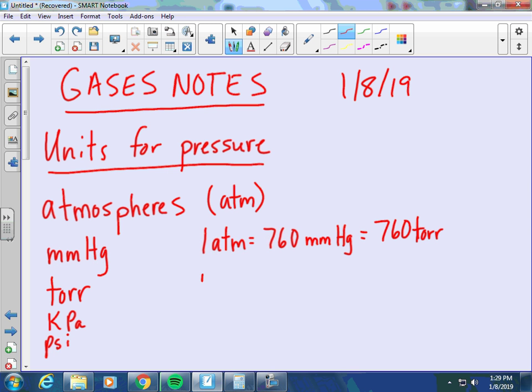1 atmosphere is also equal, this unit here, by the way, kPa is short for kilopascal, but you can just remember it as kPa. 1 atmosphere is equal to 101.3 kPa.